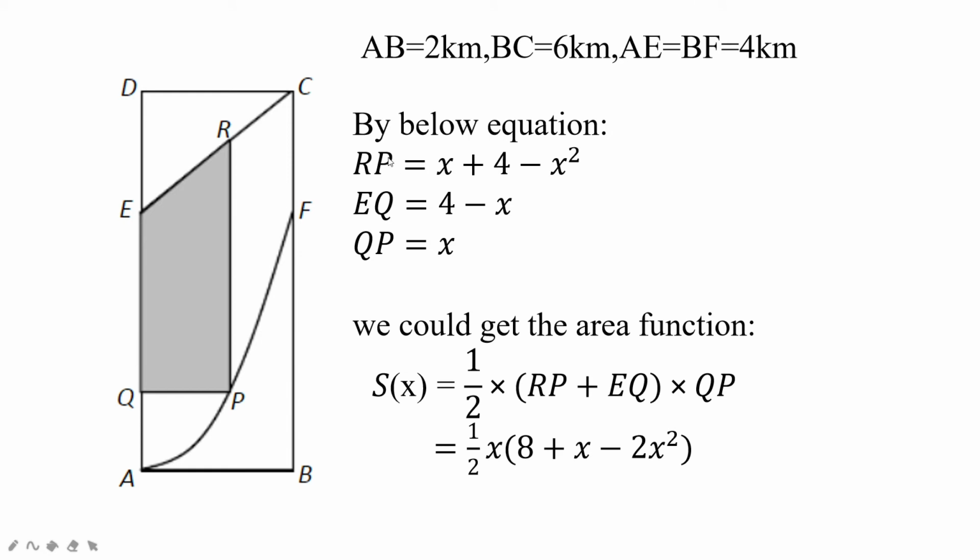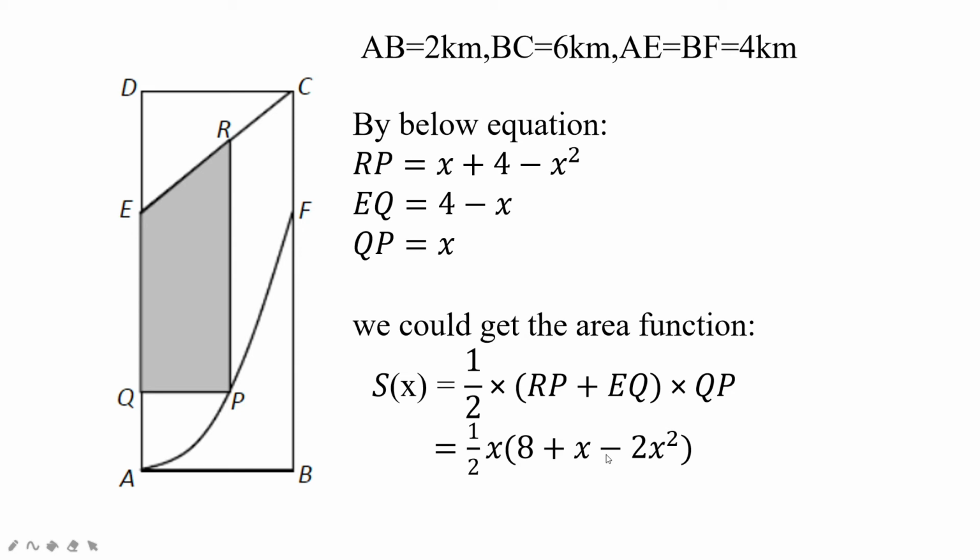So now we have the values of these line segments. To get the area function, we just substitute these values into the formula of the trapezium. After that we get the area function A(x) equals 1/2 times x times (8 plus x minus 2x squared).